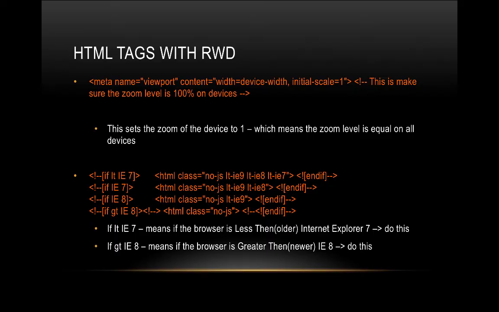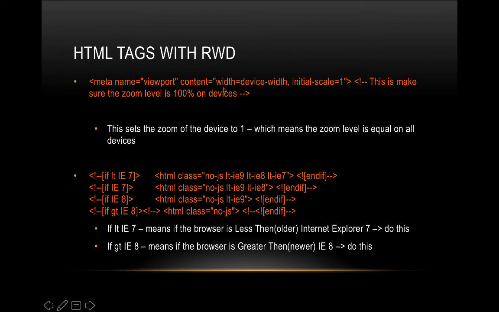This is for your HTML again. All the things I just talked about are put in your CSS file. This would go in your HTML file at the top of your page, so in the head, where you have all the other things like meta descriptions and so on. Here we have something called meta name viewport, content width equals device width.